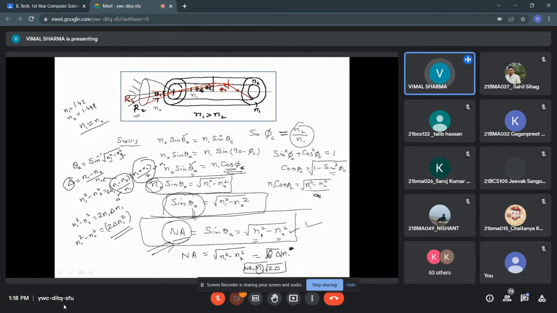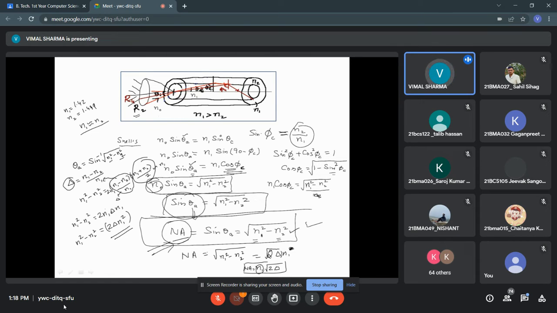So we can see here that n1 and n2 are not important in themselves, but only their average, n1 plus n2 divided by 2, and the fractional refractive index change or relative difference is important. To change numerical aperture, we need to vary these two things, that is n and delta.